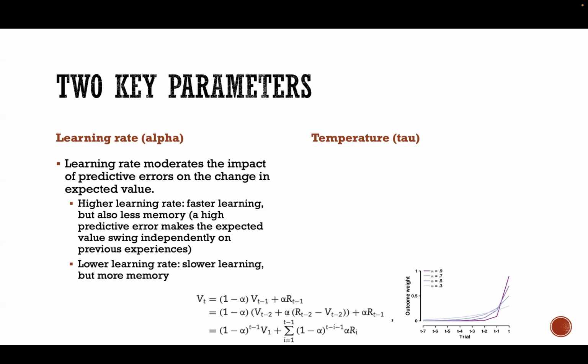How much does t minus 1 count? How much does t minus 2 count? We can see that with a high learning rate, the recent trials count for a lot and they decay really fast. The memory is lost very, very quickly. As the learning rate decreases, the importance of the current trial becomes less prominent, but it decays slower.